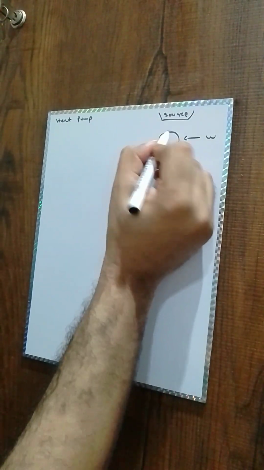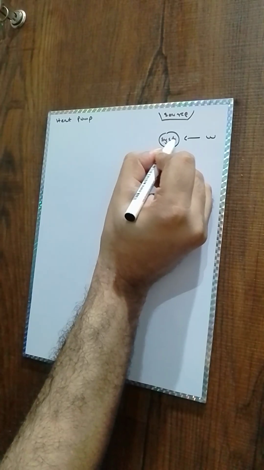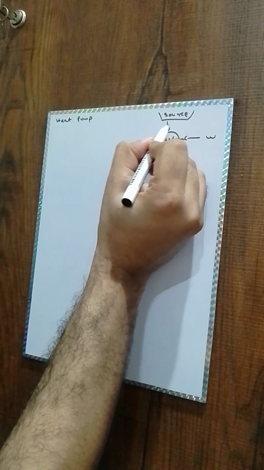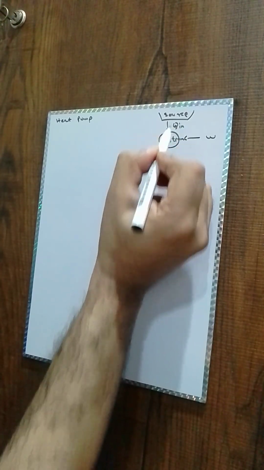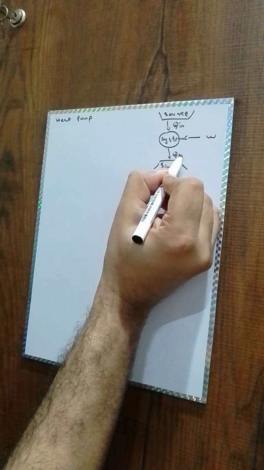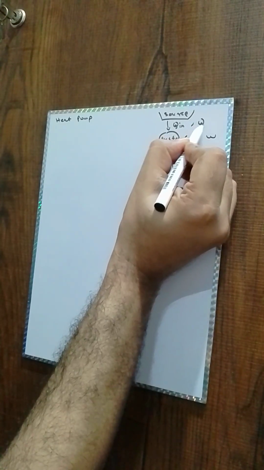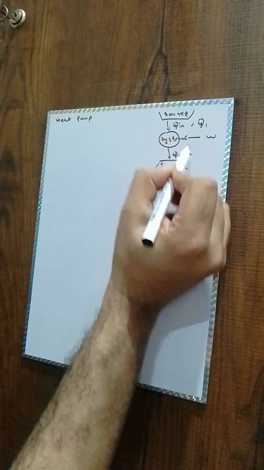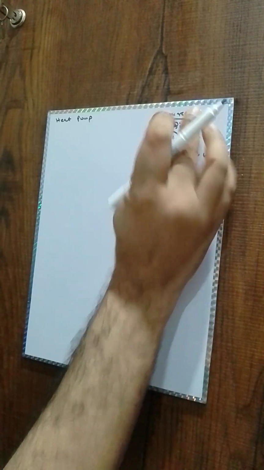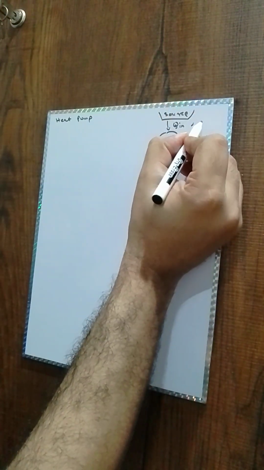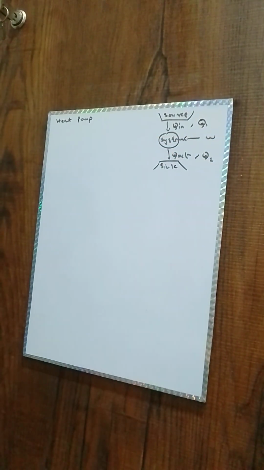This is the system here. Q in is taken by the system and Q out is rejected. Q1, Q2, in other words.